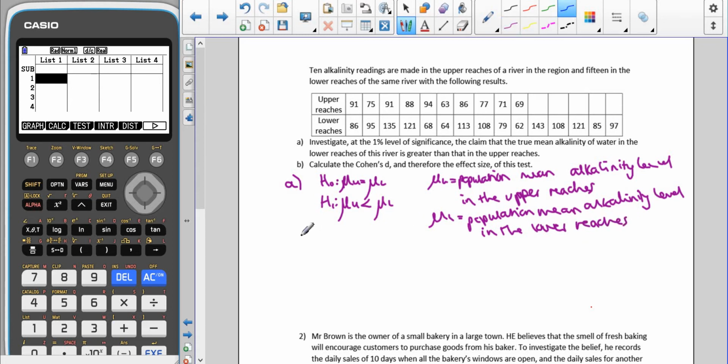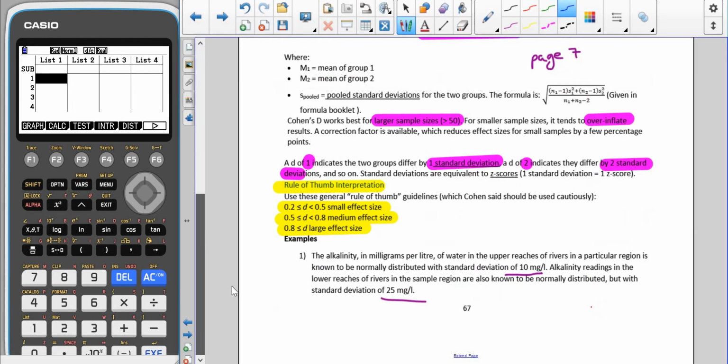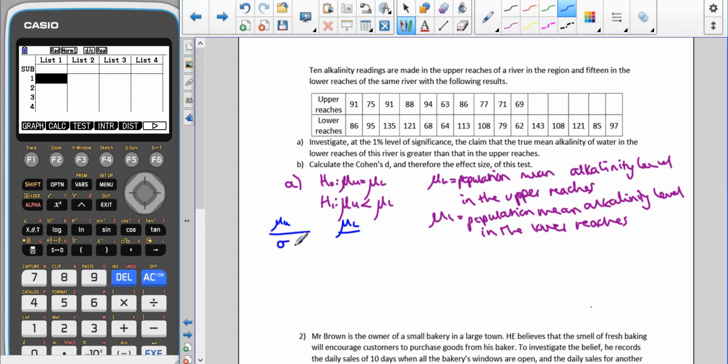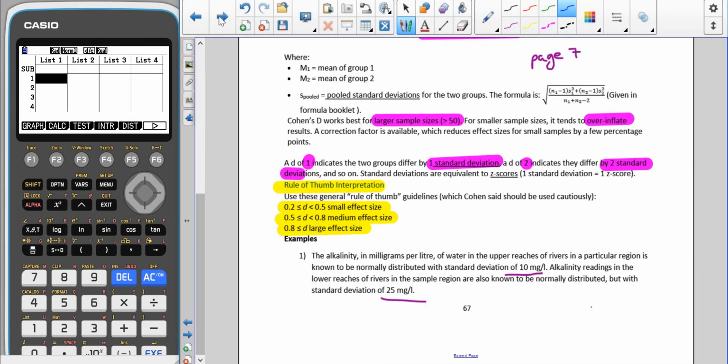As we had with our 2 sample normal before, we're going to write a little summary about what we know. Mu U, mu L. Well, we know from the original introduction that the upper reaches has a standard deviation of 10. Lower has a standard deviation of 25.